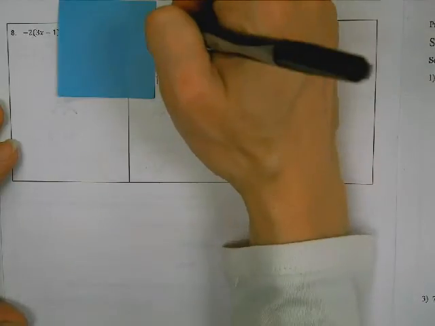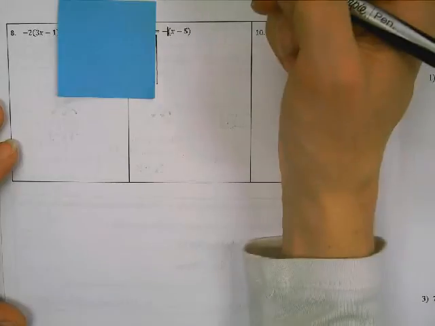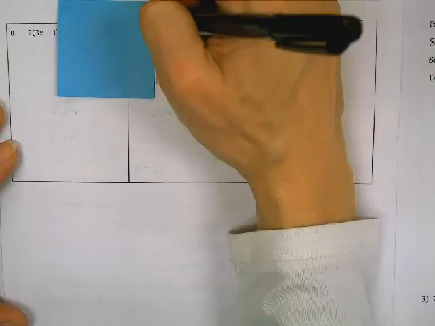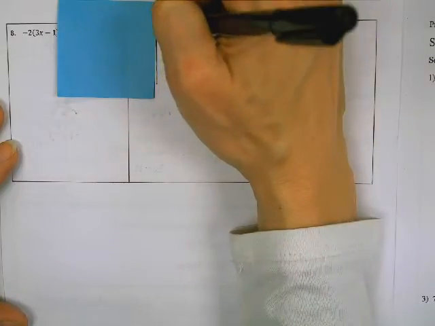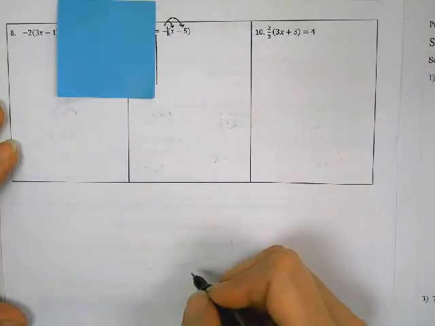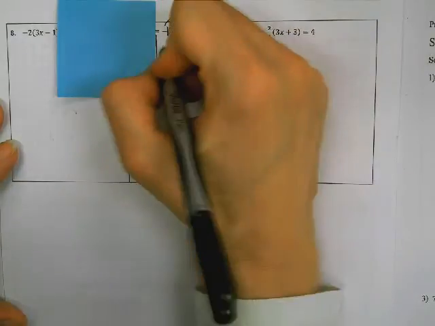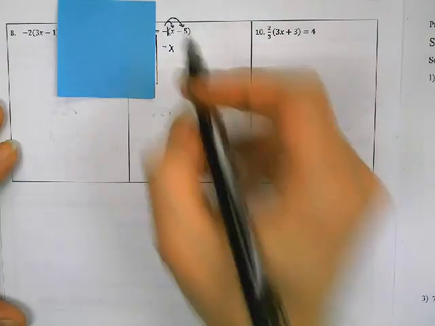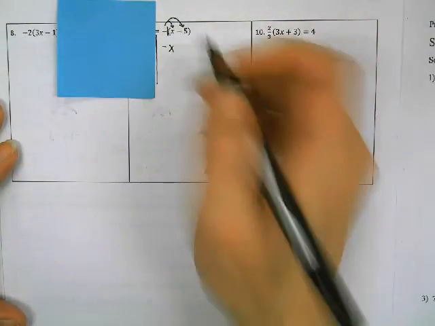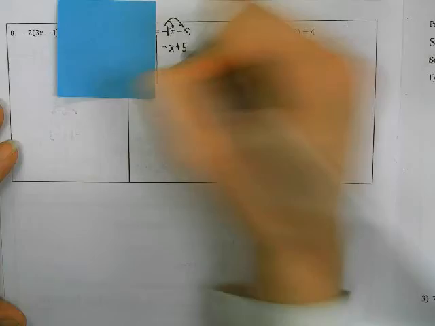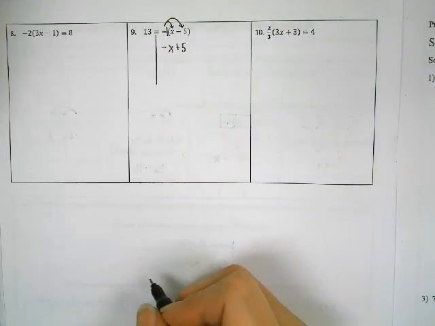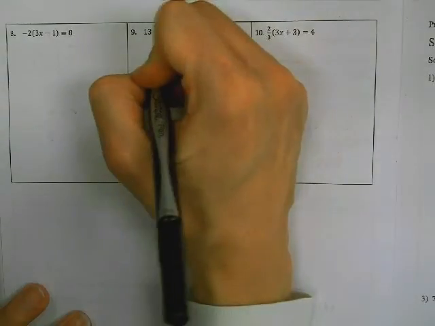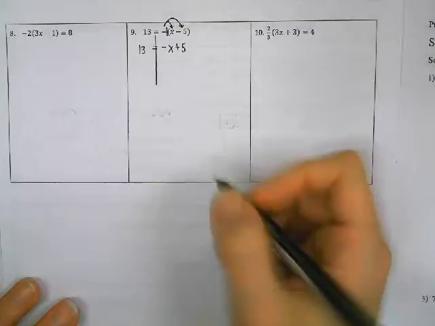And here, I don't see a number, but remember that we know there's really a 1 there. So what I'm distributing is a negative 1. So now I have negative 1 times x is a negative 1x. A negative 1 times a negative 5 is going to give us a positive 5. So now I've simplified that side, and I know that's all equal to 13.